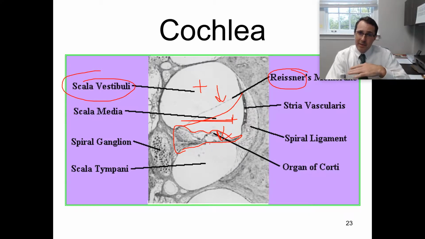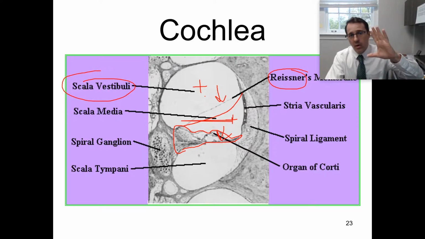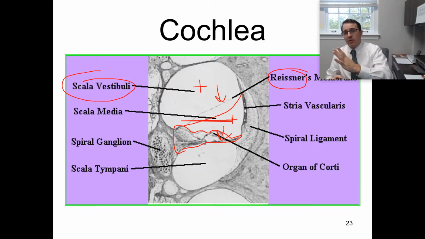And the basilar membrane has the organ of Corti. So when you've pushed down on Reissner's membrane, that pushes down on the basilar membrane. And when you move the basilar membrane, you're moving the organ of Corti. And when you move the organ of Corti, you're moving the hair cells within the organ of Corti.